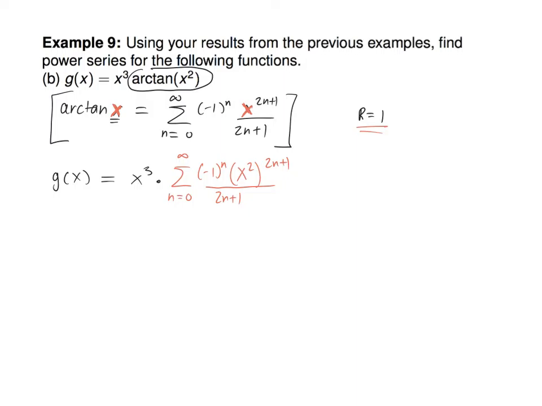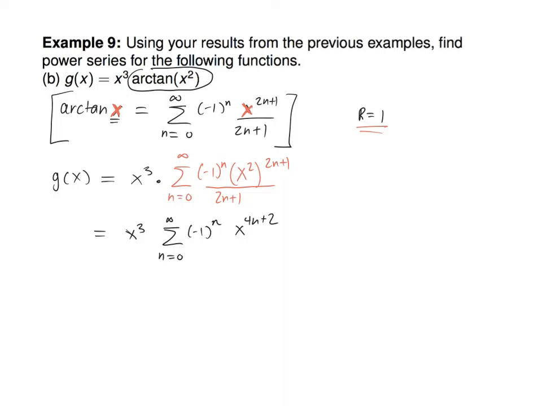And it still needs a lot of simplifying, but it's not so bad now. It's easier than trying to figure out, should I differentiate or should I integrate, right? And this idea is going to come up a lot in tomorrow's lesson too, so it's good to be familiar with it. So first of all, inside that sum, what is the exponent on the x? 4n plus 2. Do you guys agree?